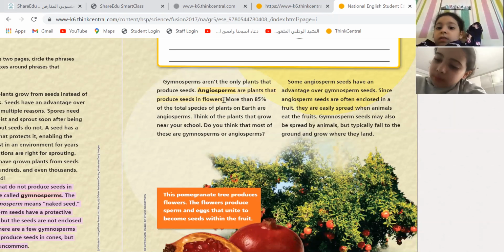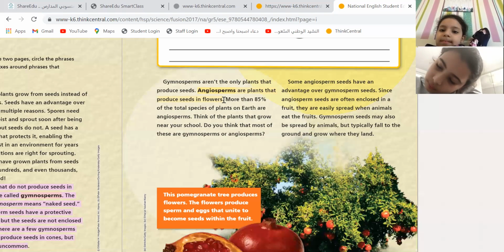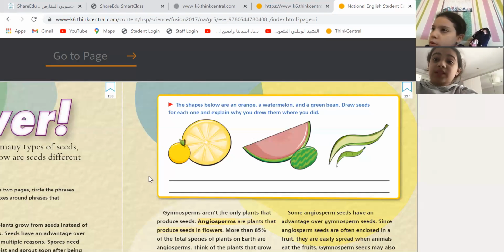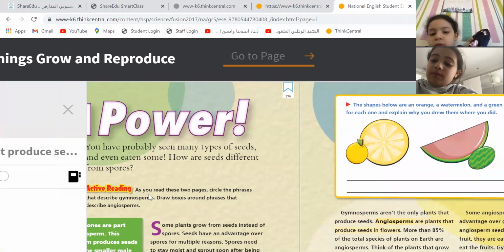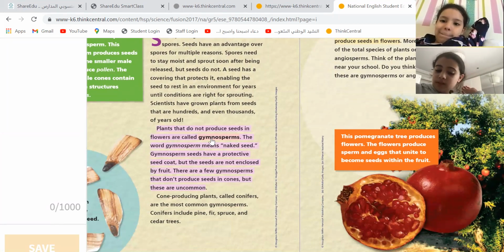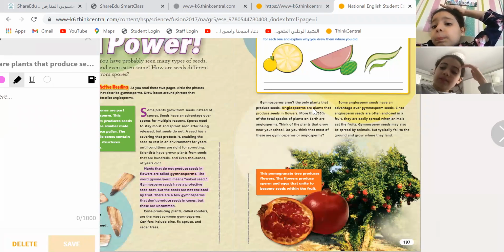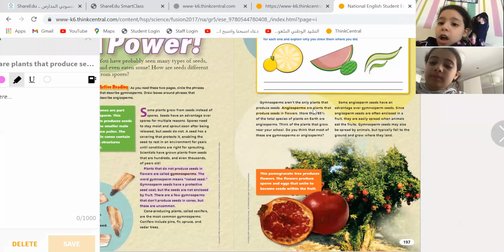Excellent. That's it. See? It's too simple. If it produces seeds in flowers, what do we call them? Angiosperms. And if it doesn't produce in flowers or cones, what do I call it? Gymnosperm. These are the two important words in our lesson today.